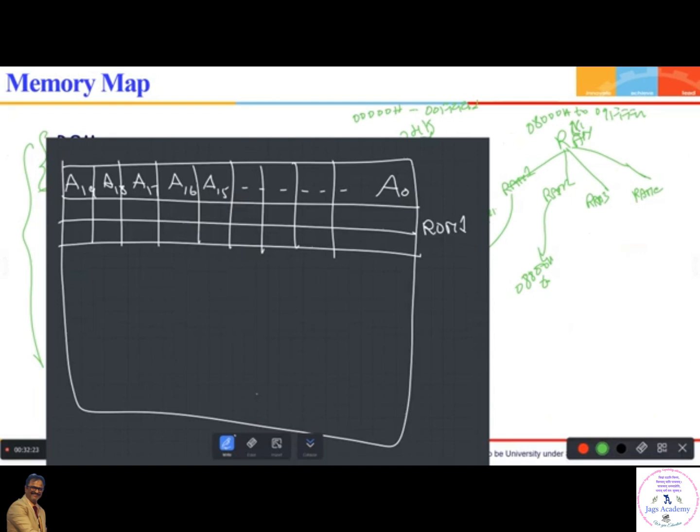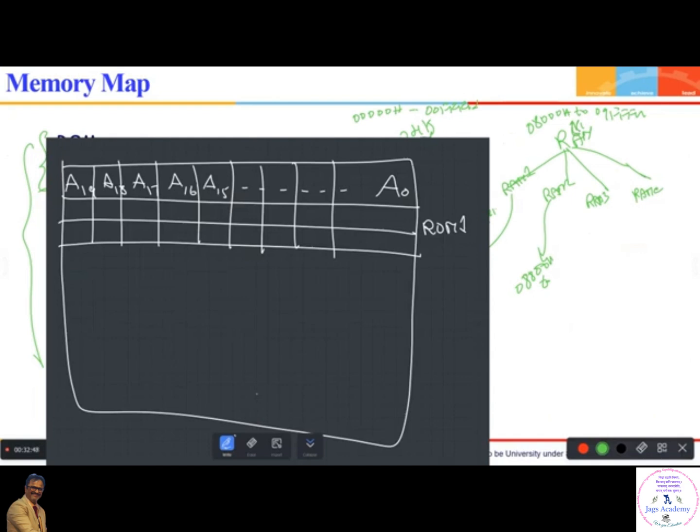You see, first A19, A18, A16, A15 are all 0, right? It's all 0. You need not represent it here because writing this table is very long work. So whichever address lines are permanently 0 in this entire address range, don't write them.